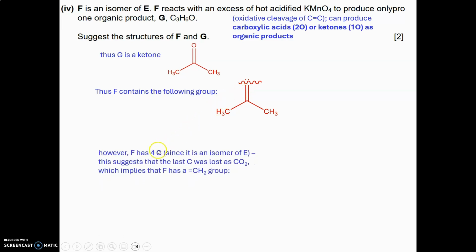But we also note that F, being an isomer of E, has 4 carbons, but we only have 3 carbons accounted for, which means that the last carbon was lost as carbon dioxide. So it also tells us that F has a CH2 group, which means that F has this structure.